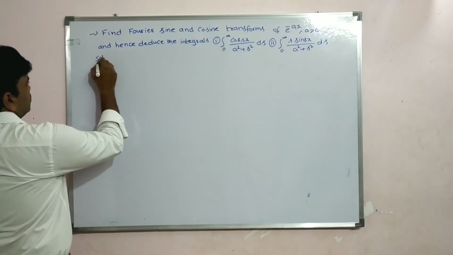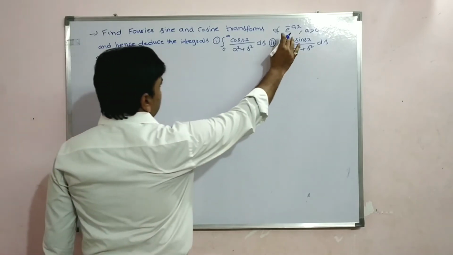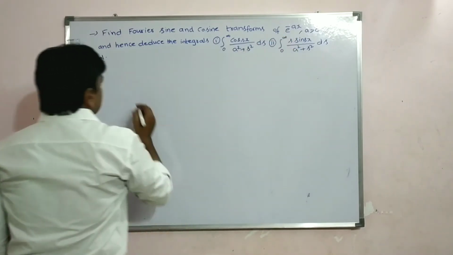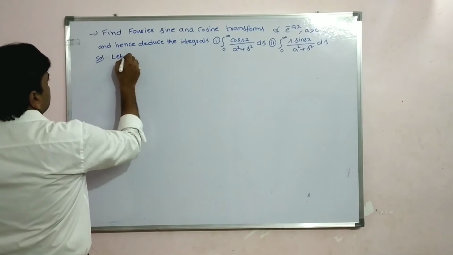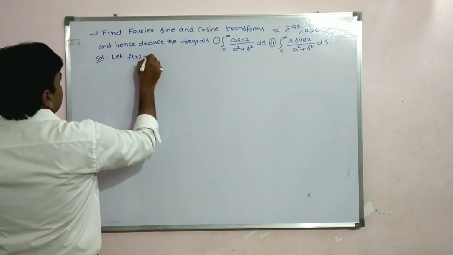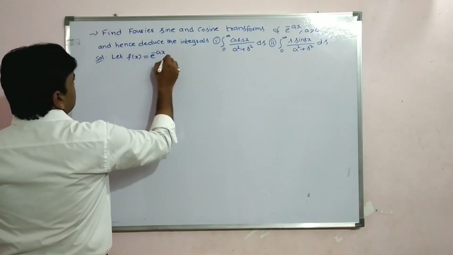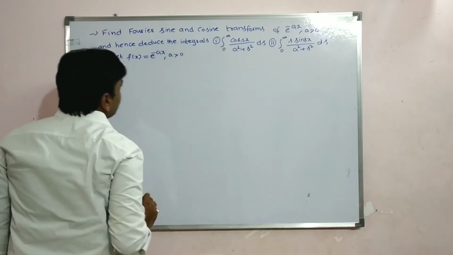So solution, students, what is the given function? E power minus ax. So let f of x equal to e power minus ax, a value greater than 0.